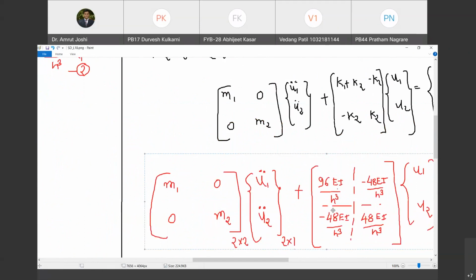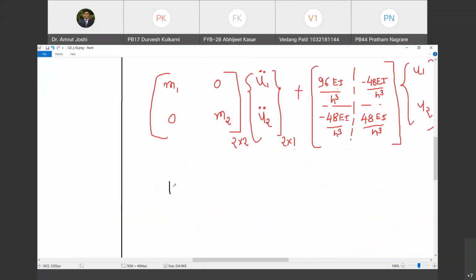Agreed? k2 is 48 EI upon h cube. So k1 is 48 EI upon h cube. Are you with me? So the comparison gives me k1 equal to k2 equal to 48 EI upon h cube. Happy?